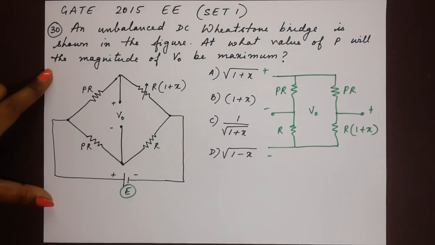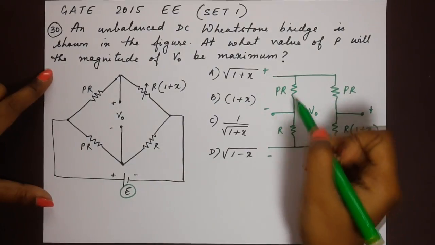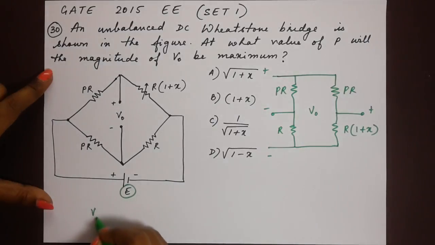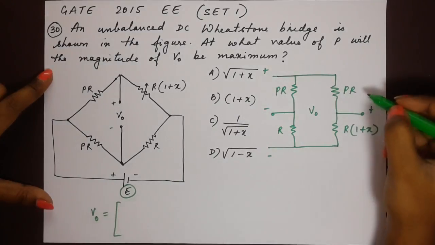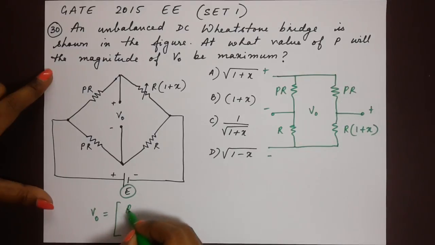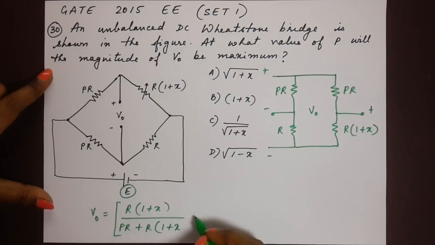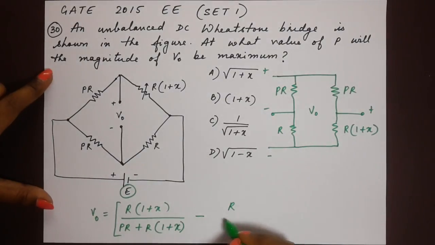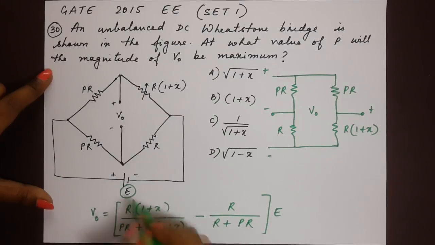Taking one side first, V0 is equal to R into 1 plus X divided by the sum of both, that's PR plus R into 1 plus X, minus, now this side, R divided by the sum of both, R plus PR, and all of it multiplied by the voltage E.